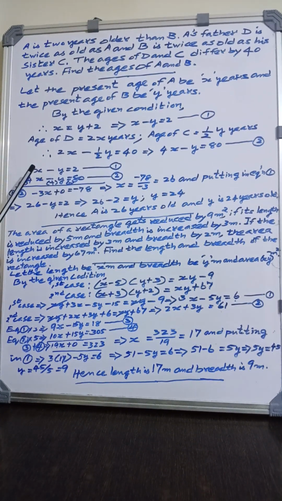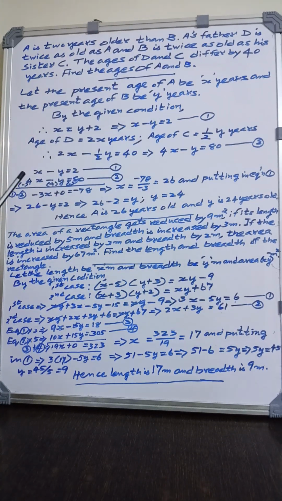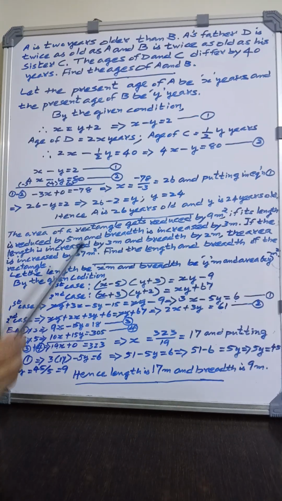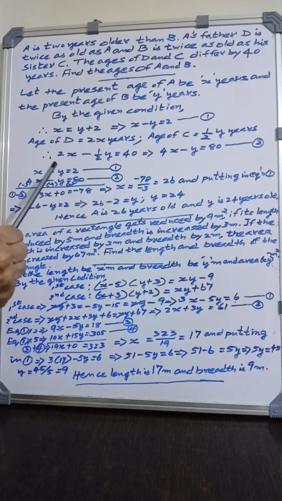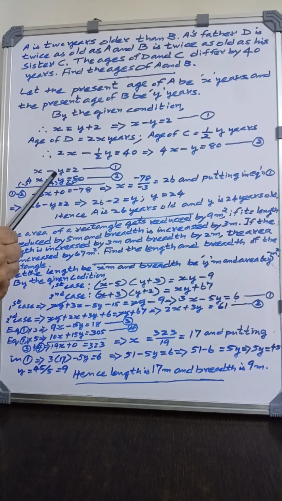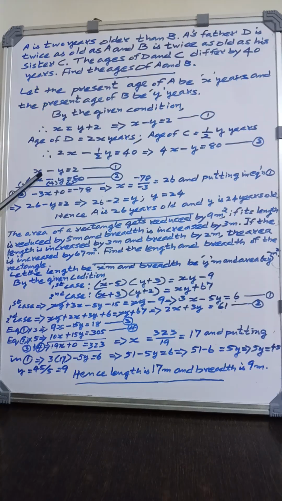And consider x minus y equals 2, the first equation, and 4x minus y equals 80, the second equation. We can subtract these two because the coefficients of y here are the same, 1 and 1, and the signs are the same.